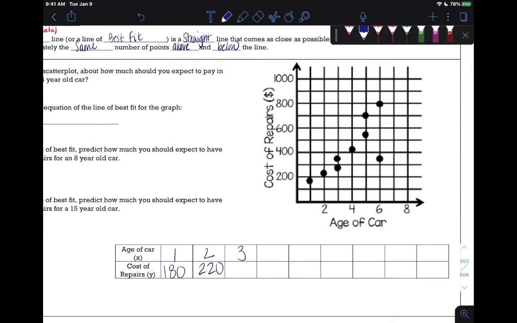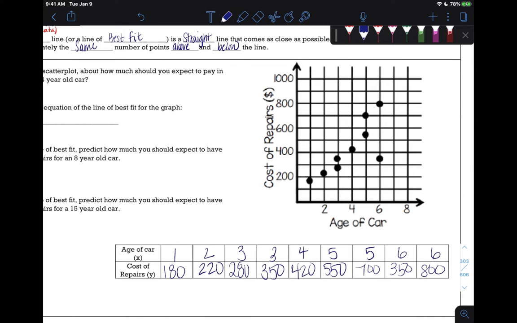And then over here we have 3, comma, 280, 3 and 350, 4 and 420, 5 and 550, another 5 and 700, 6 and 350, and also a 6 and 800.